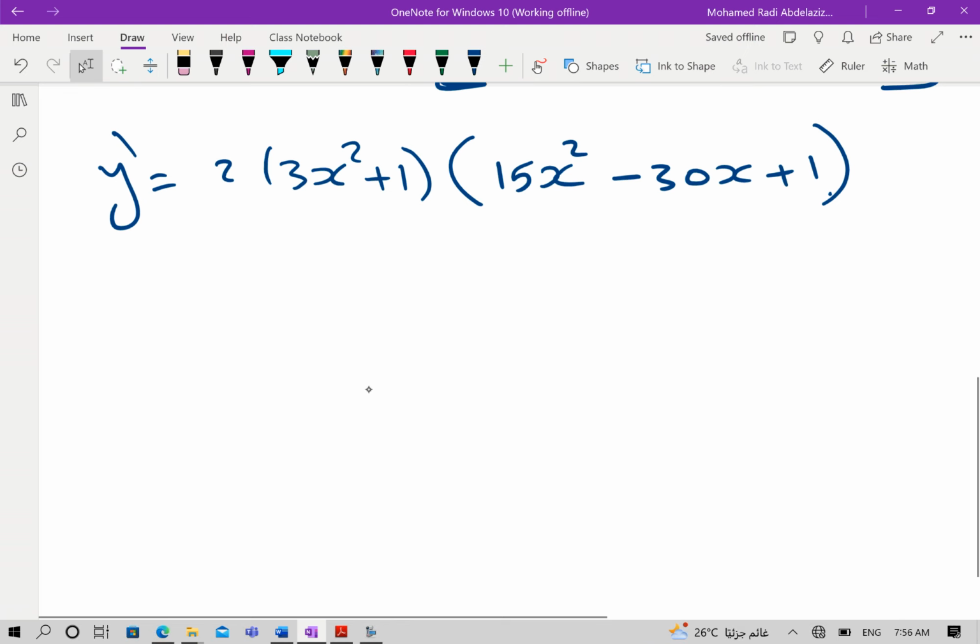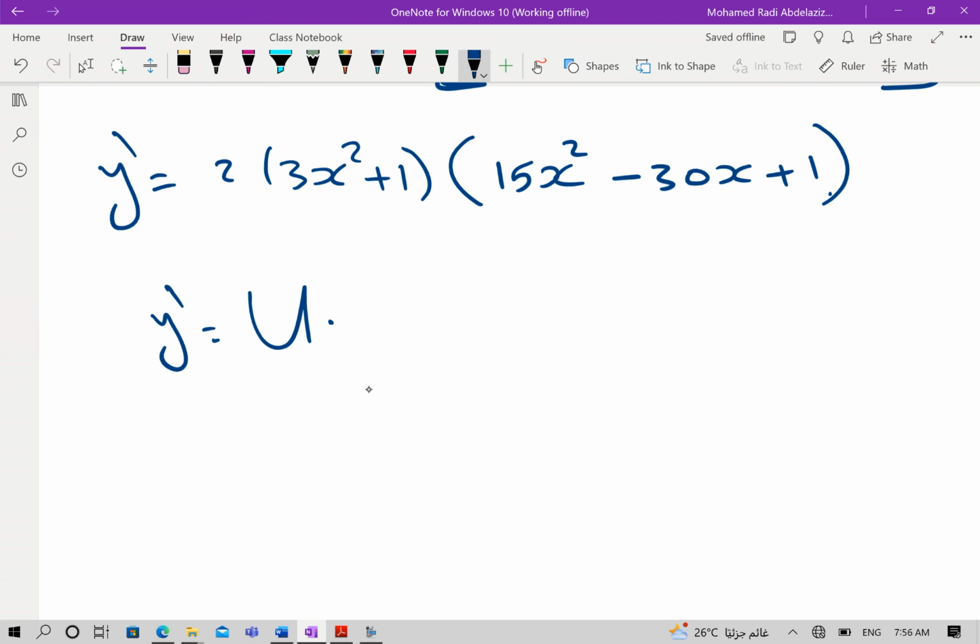What about if it is three functions? If we have u times v times l, let's say, we have three functions. We didn't study how to differentiate a product of three functions. If it is possible to find a product of any two and simplify, use it as one function and use the second function and apply the same.